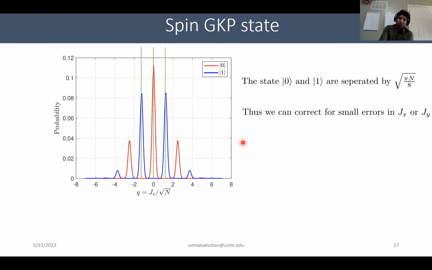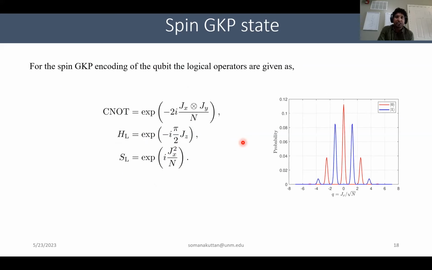Okay. Now, given this code and this error correction property, we can take a look at the gates we need to implement. That's one of the next things we need to do. We can define these gates. We need the CNOT, the Hadamard, and the phase gate; with these Clifford gates, we can create any Clifford gate. The CNOT gate is basically the interaction of Jx times Jy.